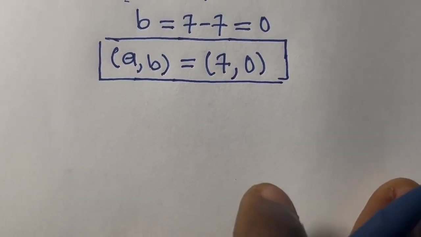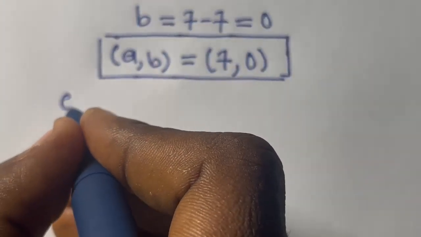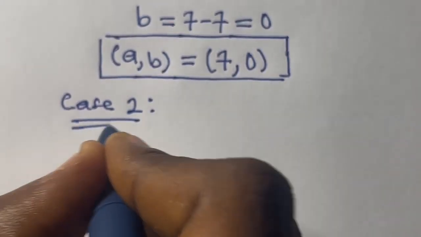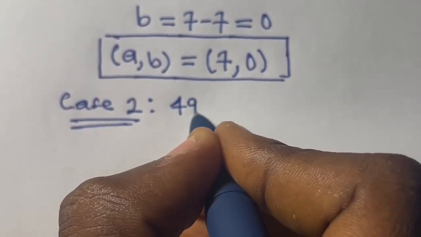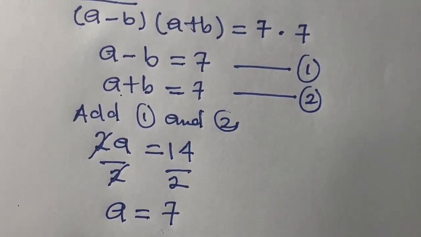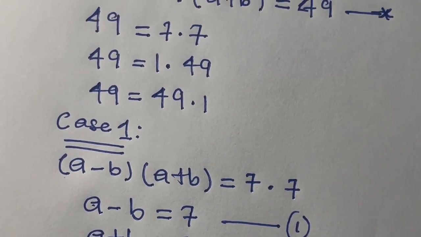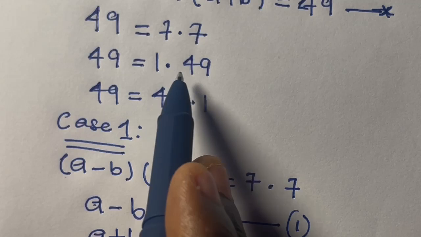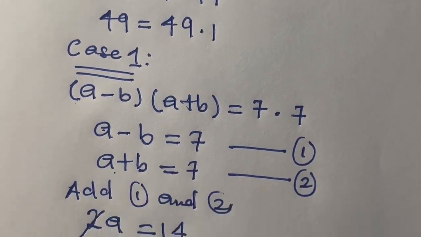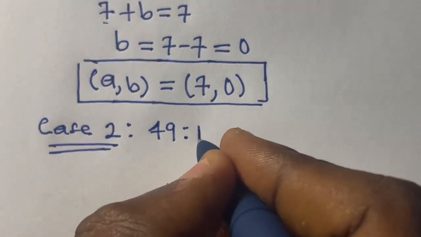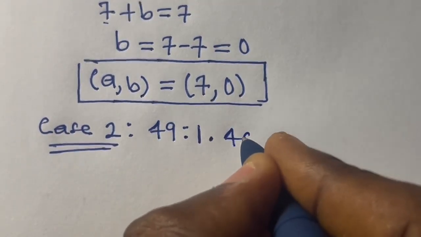So we can move further to case 2. Don't forget our factors of 49 for case 2: 49 equals 1 times 49.